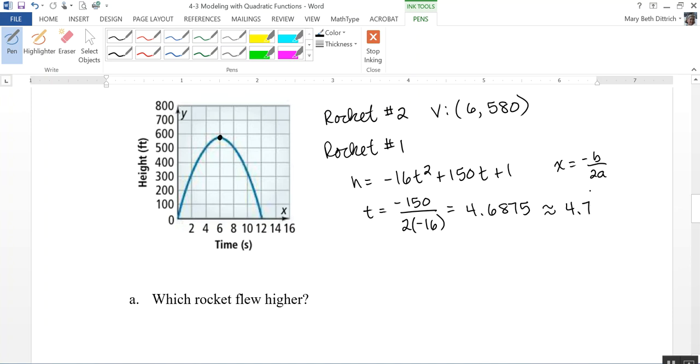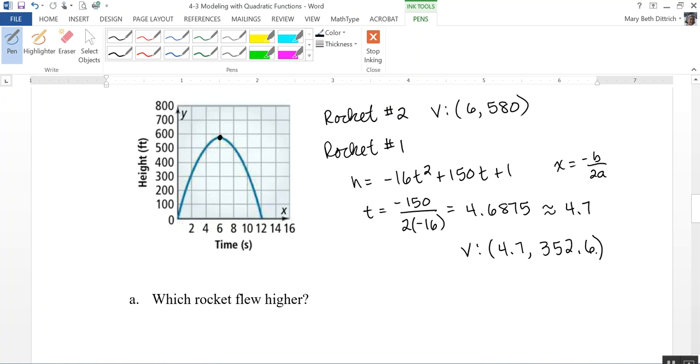So the vertex of this rocket is going to be 4.7, comma, and then when I take this value and plug it back into here, I get approximately 352.6. I'm not going to show you the work on that, but if I plug in 4.7 for t into this equation, I get a height of 352.6 feet.